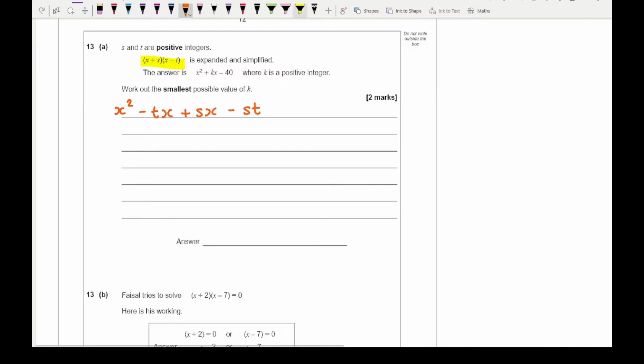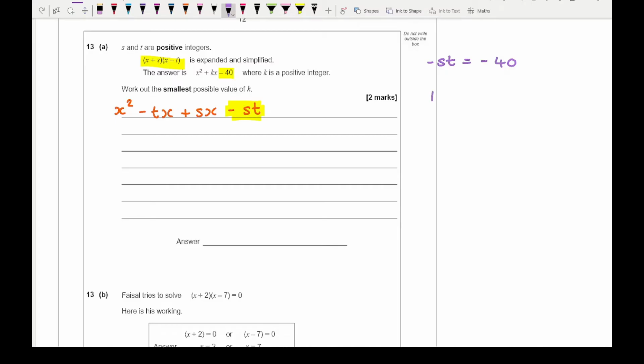Now if we compare the coefficients, looking at the constant, we can see that minus 40 equals minus st. So let's just write that down here. So we've got minus st equals minus 40. Now to get the constant, what we need to do is just multiply the two numbers inside the brackets together. So what we're looking for are factors and multiples, depending on how you want to look at it, of that equal minus 40.